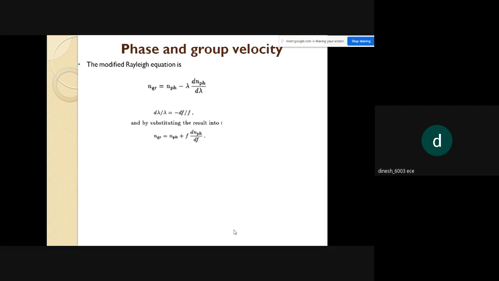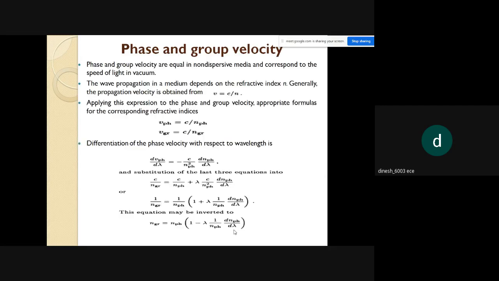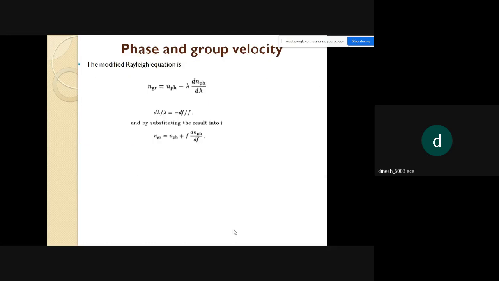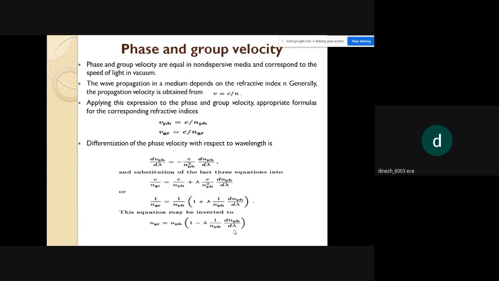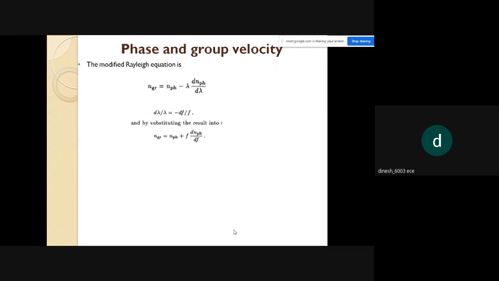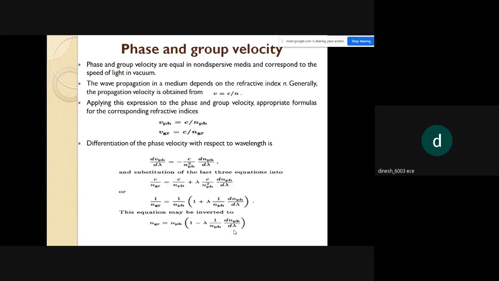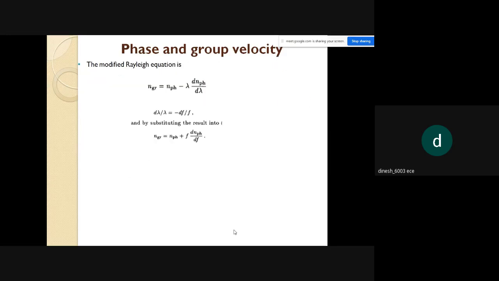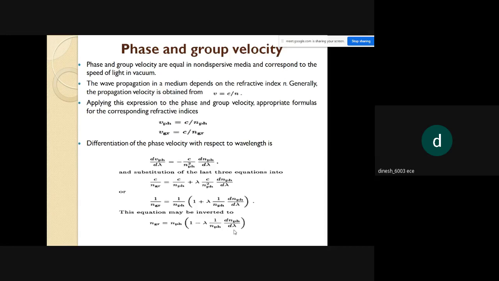Then the modified Rayleigh equation will become NGR is equal to NPH minus lambda dNPH by d lambda.